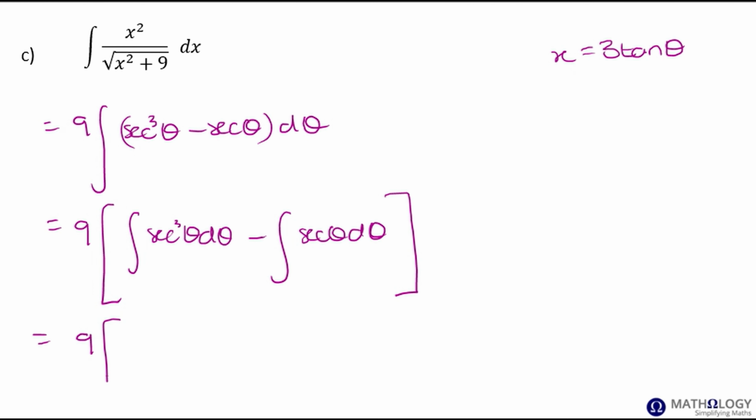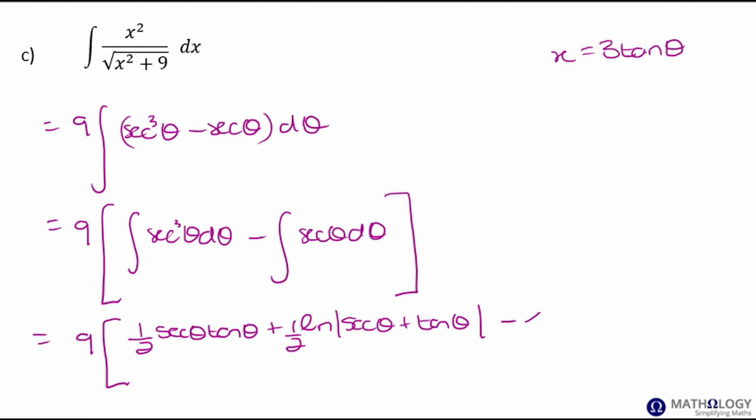So the integral of sec cubed theta equals a half sec theta tan theta plus a half ln sec theta plus tan theta, and then we are subtracting the integral of sec theta. The integral of sec theta is ln sec theta plus tan theta, and then we add the integration constant, c.